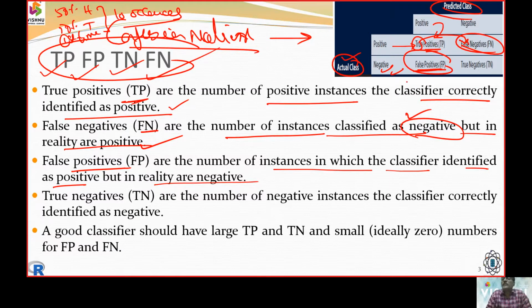The fourth thing was true negative, that is TN. In this case, the number of negative instances the classifier correctly identifies as negative.